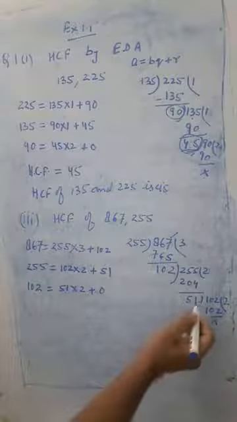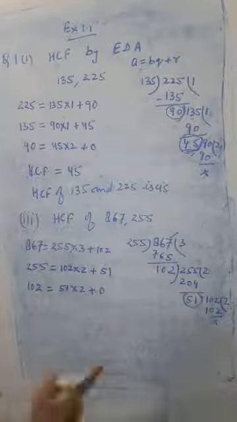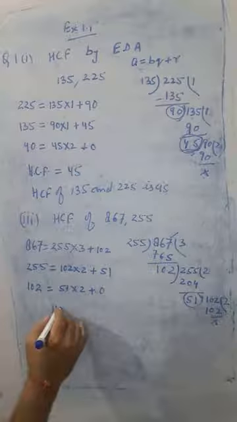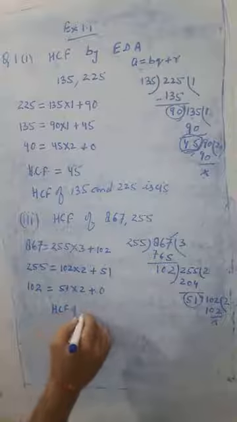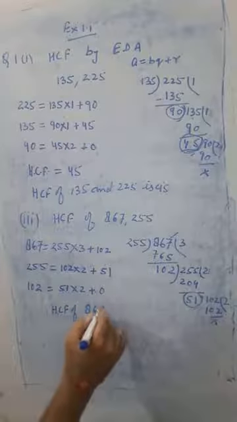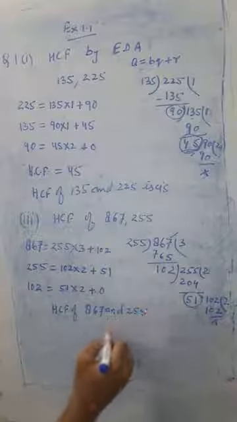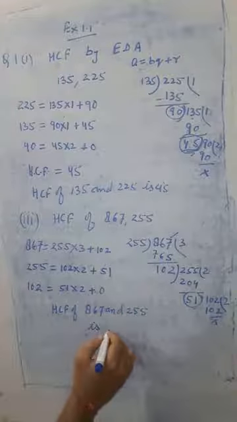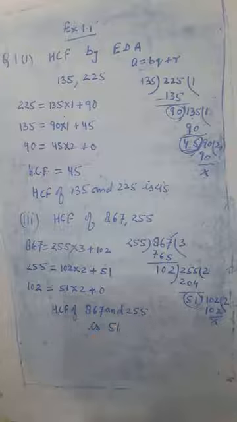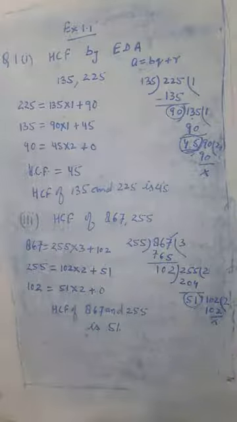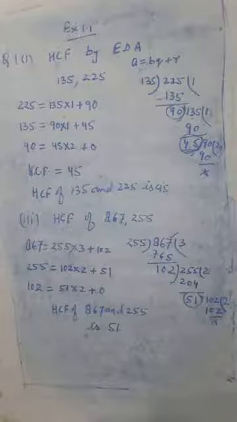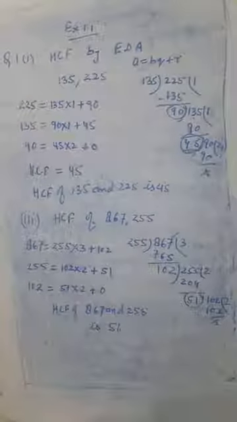So the last divisor is 51. So HCF of 867 and 255 is 51. So this is the algorithm, means procedure of doing problem. So HCF is 51.